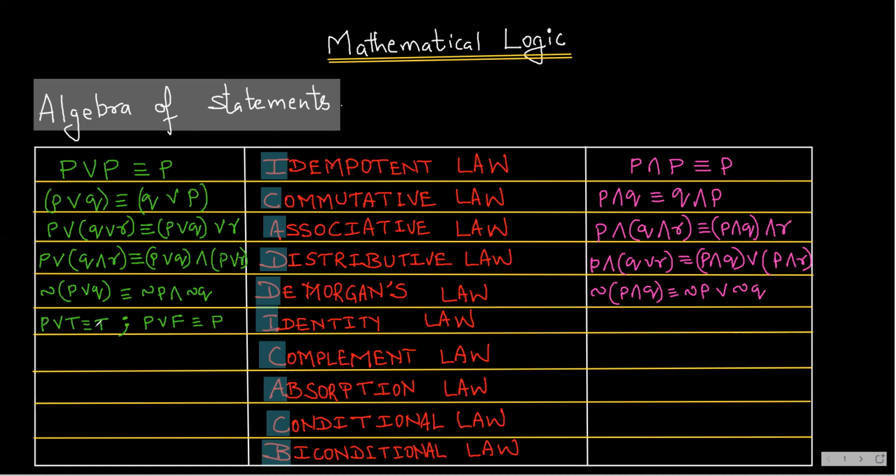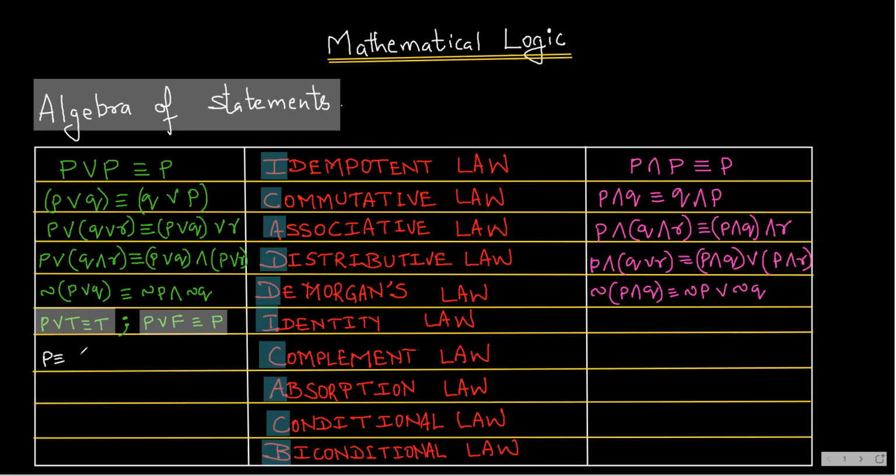Now I will explain this to you. P or true is going to be always true. How is that? Let me explain the first one. Suppose the truth value of P is false.